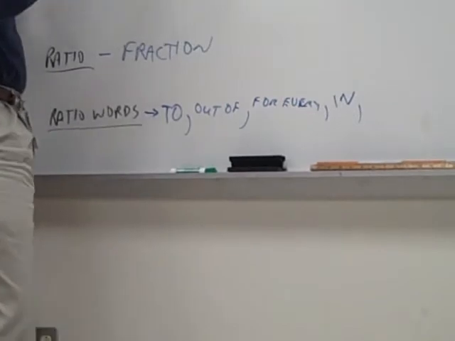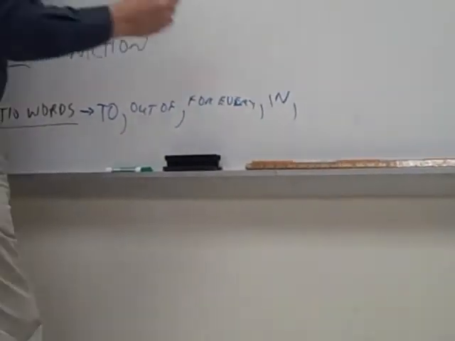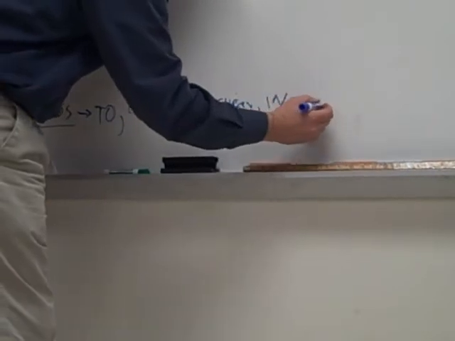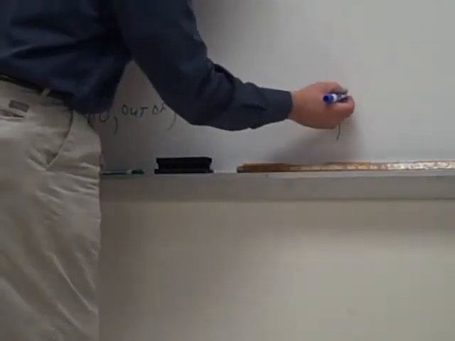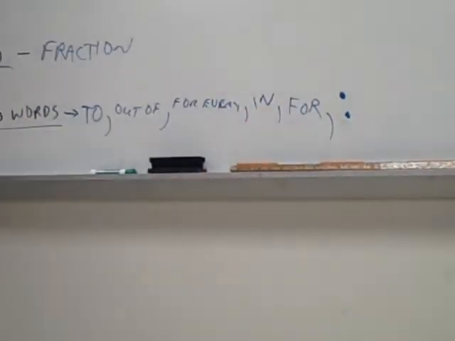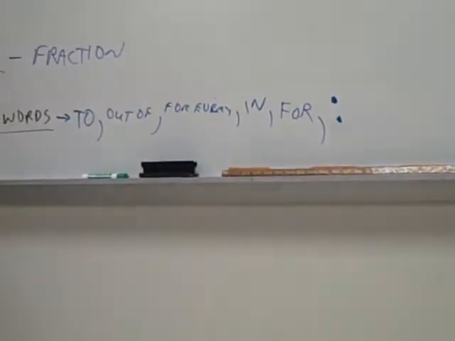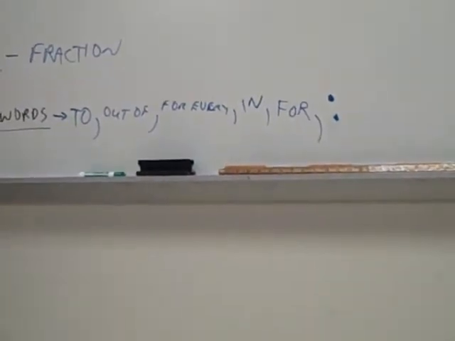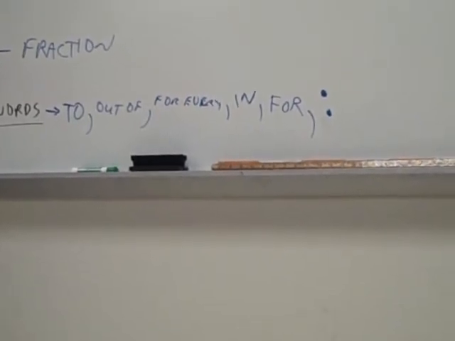The word ratio itself tells me to start looking. Just the word for. Sometimes there is no word but a colon. Those are the most common, so those are the words we look for.